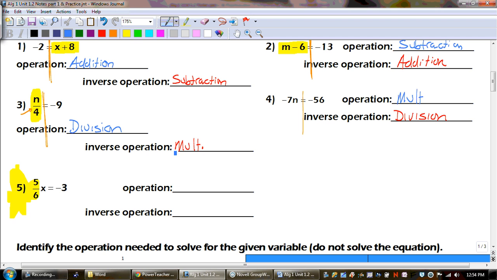It's multiplying, but what are we multiplying by? A fraction. When we're multiplying by a fraction, we want to cancel it, and the only way to cancel it is to multiply by the reciprocal. We'll talk more about it when we're solving, but we have to multiply by the reciprocal.